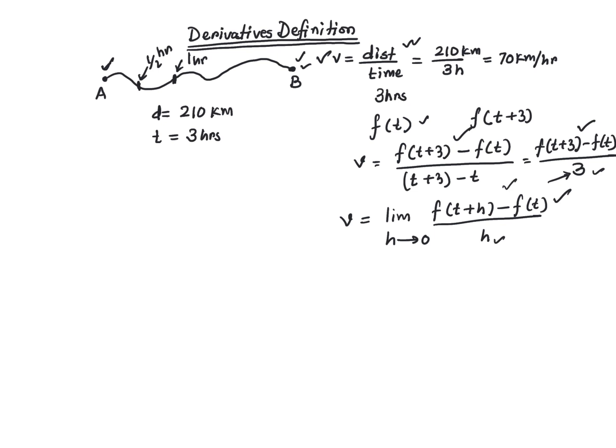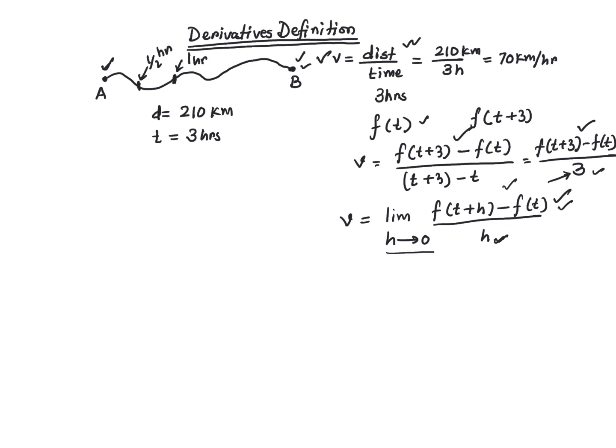So what happens here is this: as h approaches 0, what happens to the ratio of this difference in function value divided by h, or small change in time?